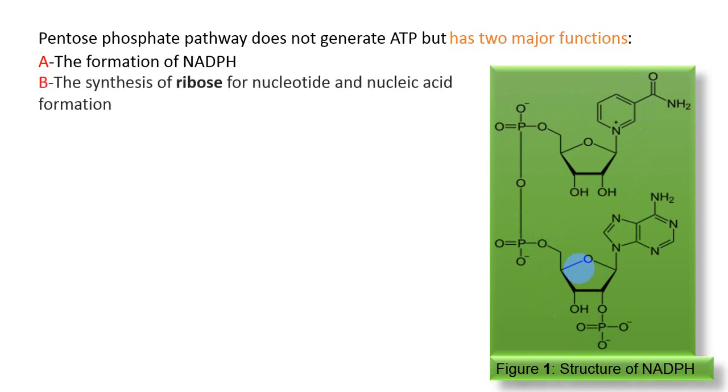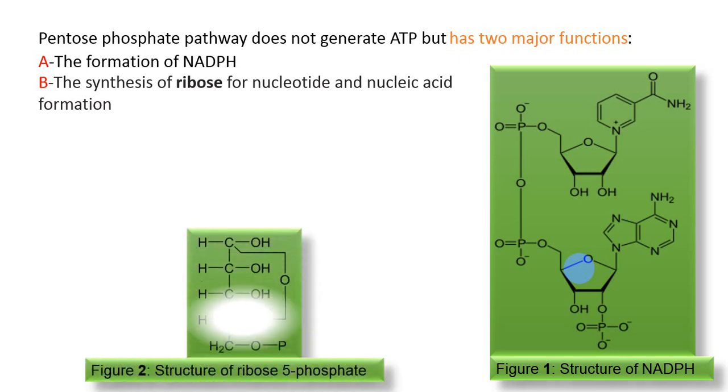The second important function of the pentose phosphate pathway is formation or synthesis of ribose for nucleotide and nucleic acid formation. This is the structure of ribose 5-phosphate, with the phosphate group on carbon number 5.